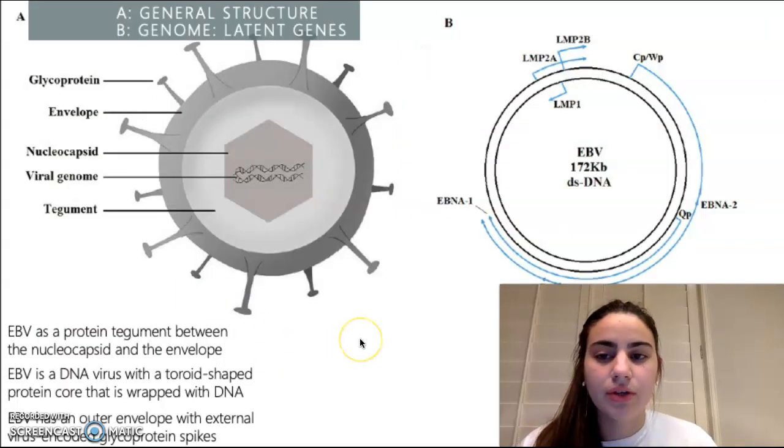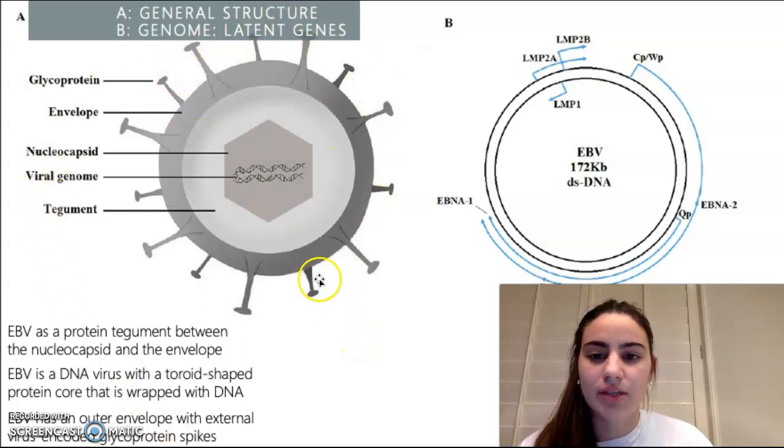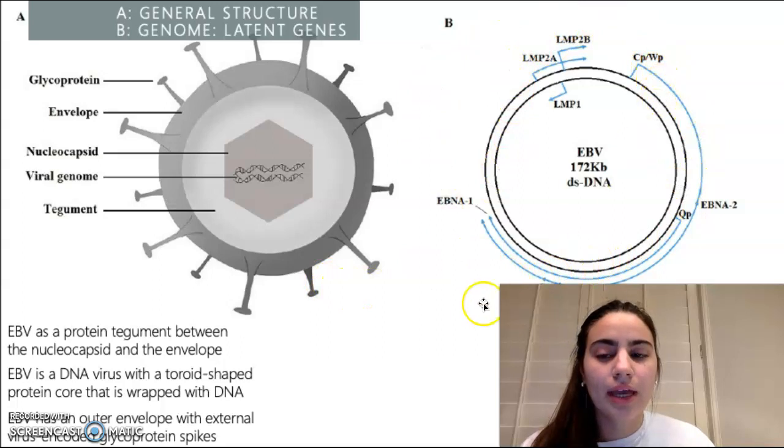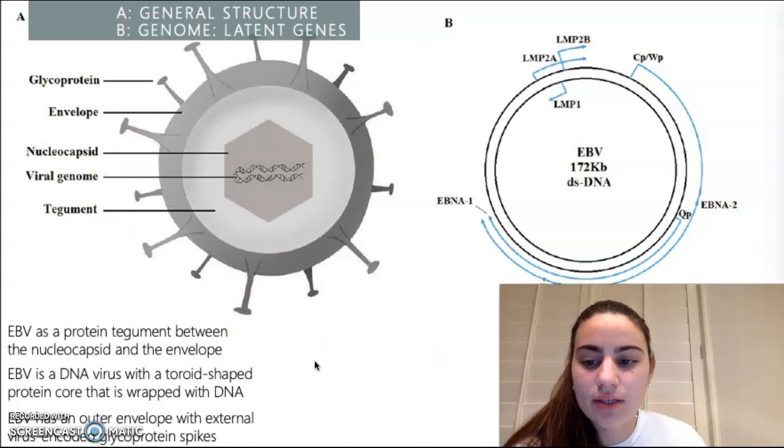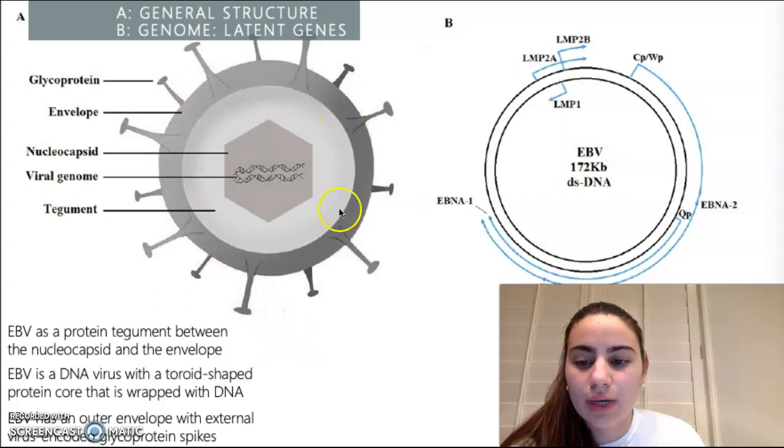Next, I'm going to talk to you guys about the general structure, which is shown here in image A, and then in image B is shown by the genome and the latent genes. As you can see, here is the general structure of the mono virus, and it has an outer layer envelope with external virus-encoded glycoproteins, which are these, and then here's the envelope.